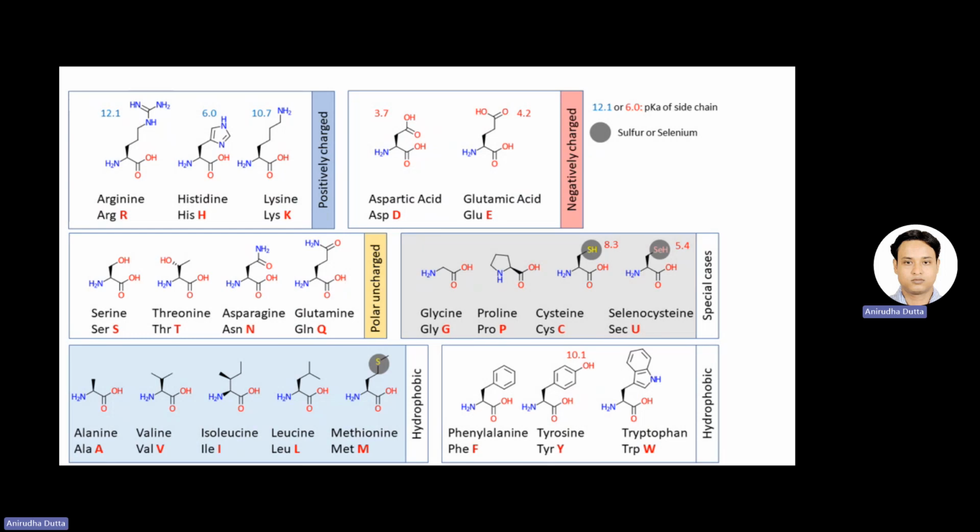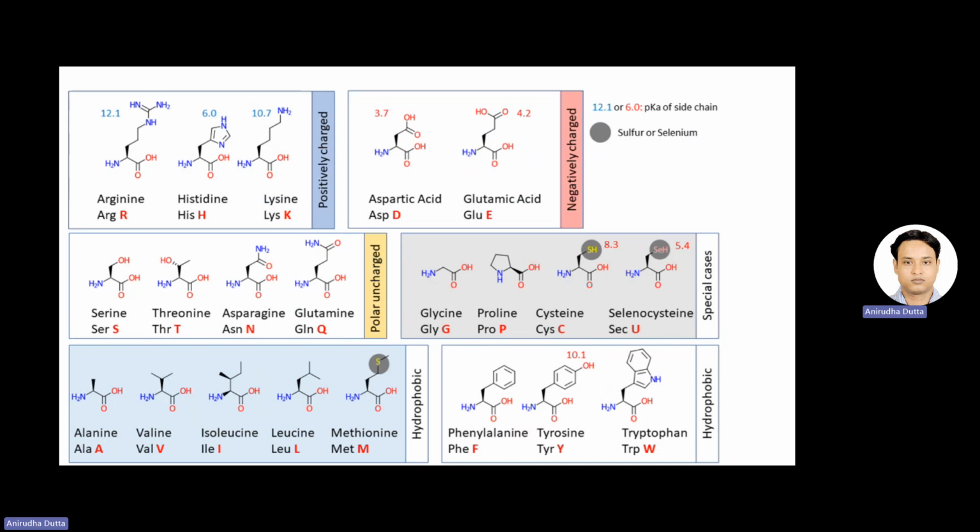If the protein has more and more positively charged residues, then it might show a different characteristic compared to another protein that has more negatively charged amino acids, or sometimes more aromatic amino acids. All those things change the property of the protein, or how this protein is going to behave in solution.